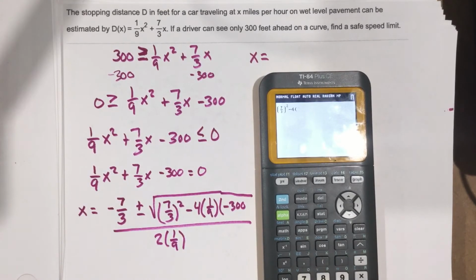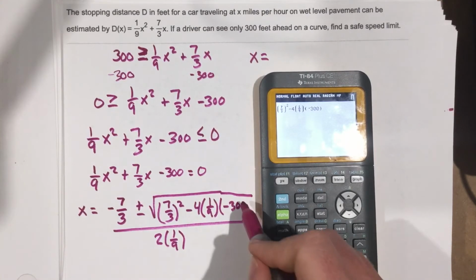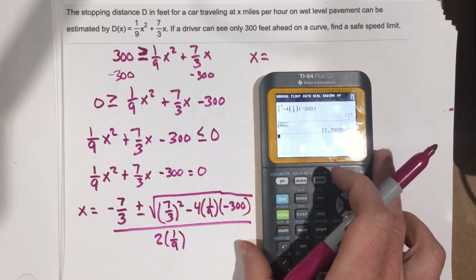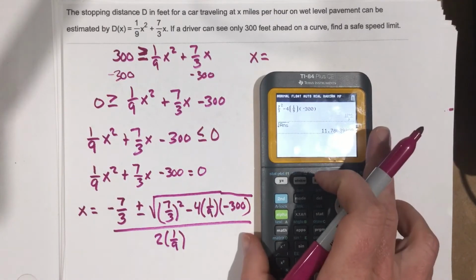Minus 4 parenthesis, insert another fraction, 1/9, parentheses, negative 300. I should have put a parenthesis there. Enter. I get 1249 over 9. Now I'm going to take the square root of that, and it gives me 11.78. So I'm going to use that 11.78 number, and I'll leave it rounded.